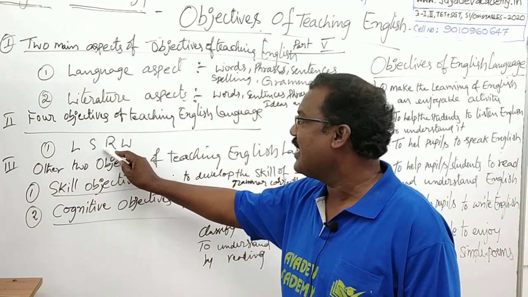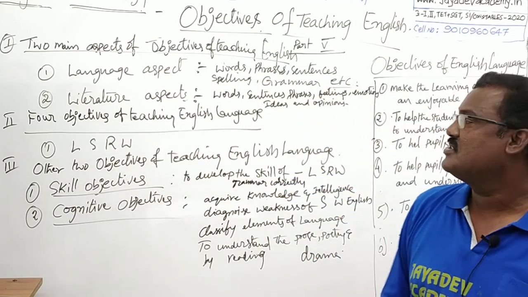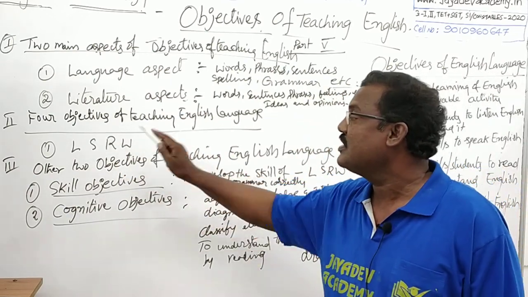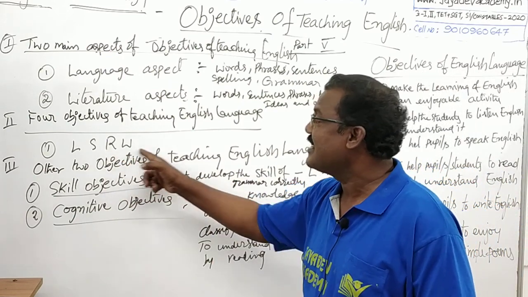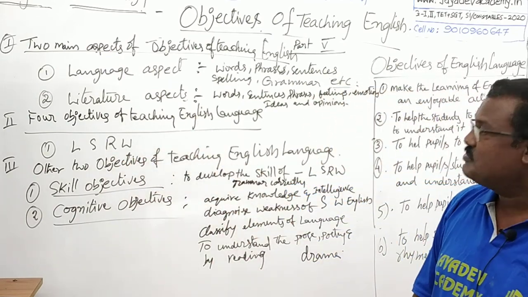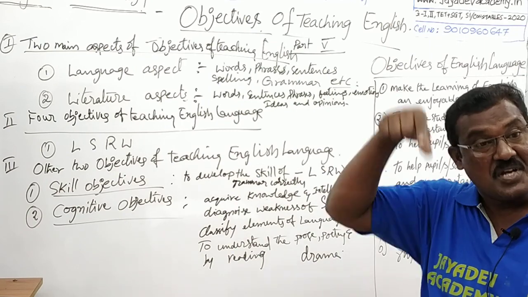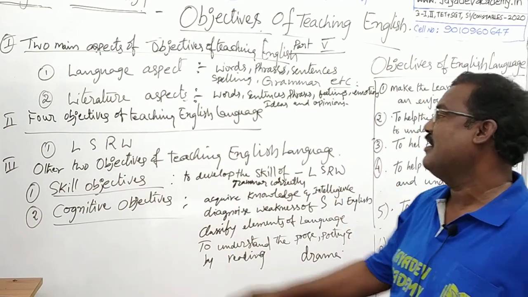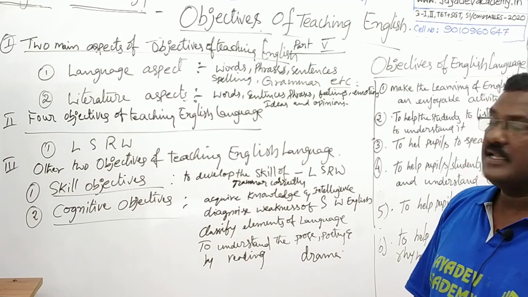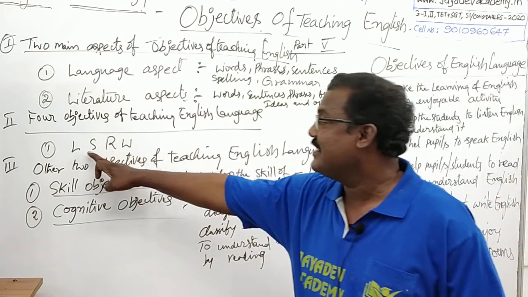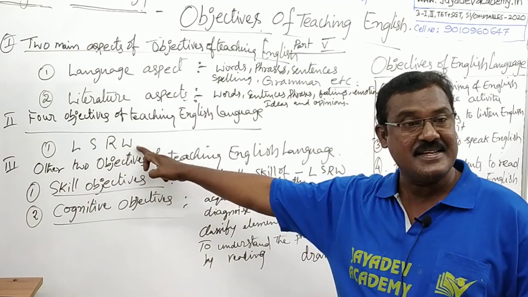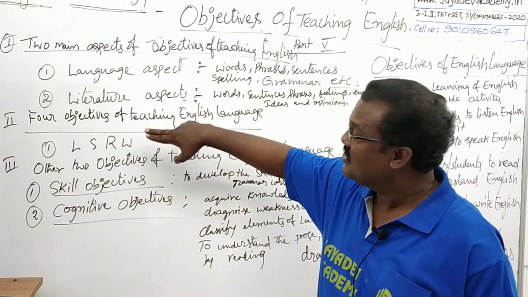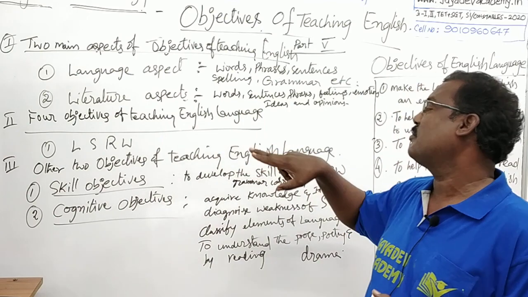To develop the skill of reading of the students. To develop the skill of writing of the students. These are the four main objectives the teacher should take into consideration while teaching English language. Listening skill, speaking skill, reading skill and writing skill of the students should be developed.